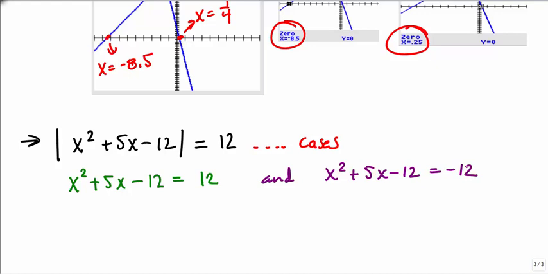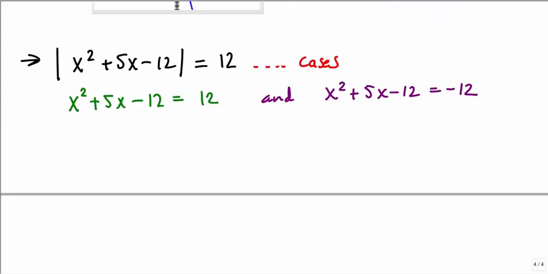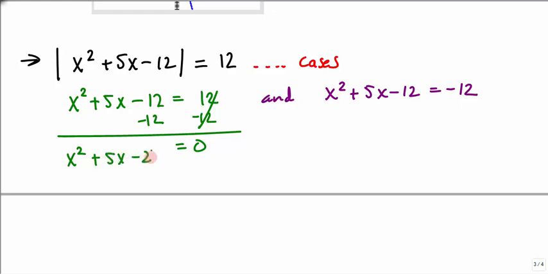Now these are just nice quadratic equations that we've solved before. What I need to do, of course, is get them set equal to 0 and work from there. So I will subtract 12 from both sides. So I get x squared plus 5x minus 24 equals 0. Now our hope is that these factor nicely.